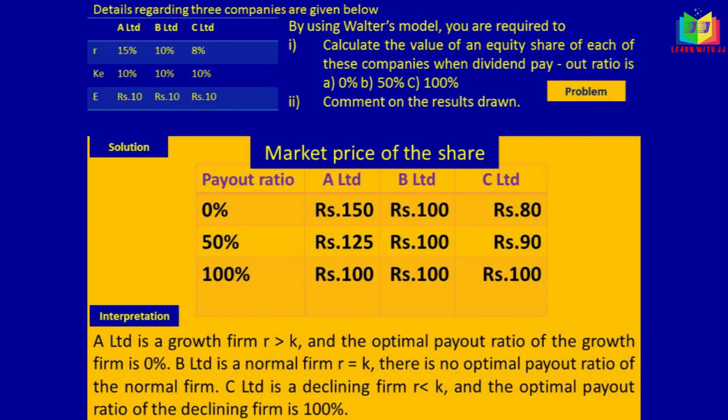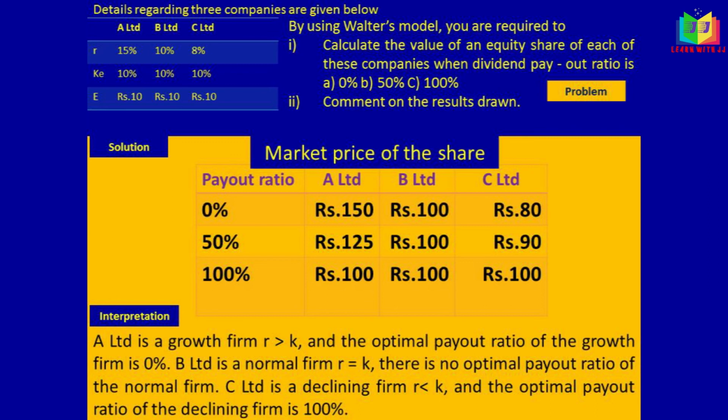In this table, for A Limited, at 0% the market price is higher, that is 150, at 50% it is 125, and at 100% it is 100. As per the rule, for a growth firm the optimum payout is 0, so it is proved here.